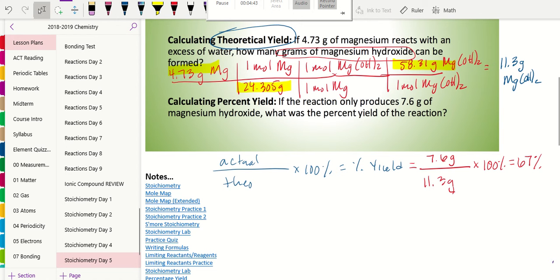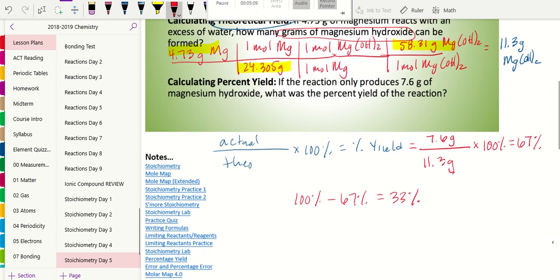What's the percent error? What's the percent error here? So, percentage yield is the inverse of percent error. Percent error is 100% minus your 67, so your error is 33%.